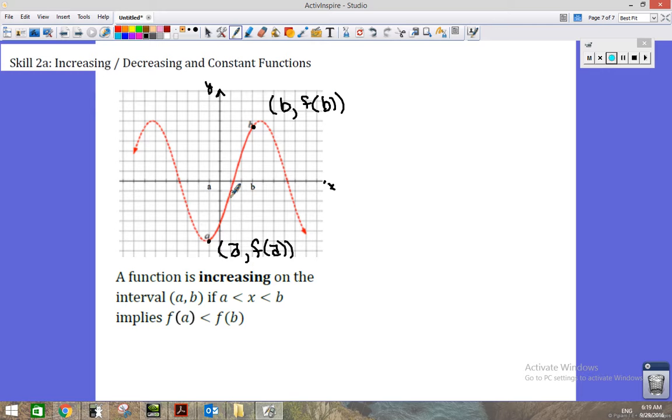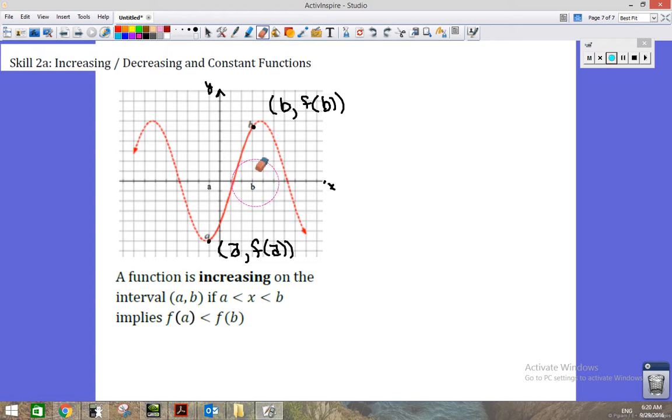So if you pick any 2 points, any x that's between a and b, and you compare the y coordinates, this is saying that as x increases to stay on the graph, y is also increasing. Alright, you can relate that.